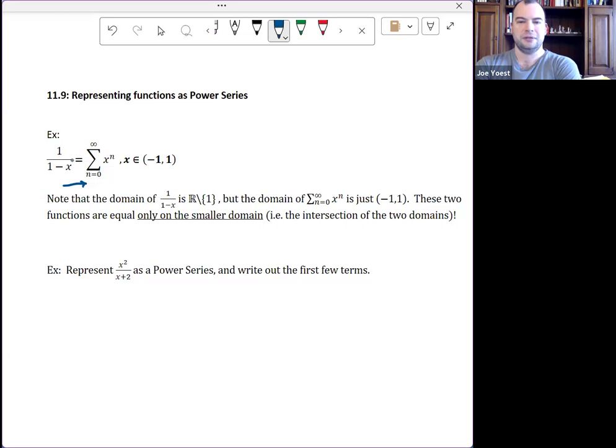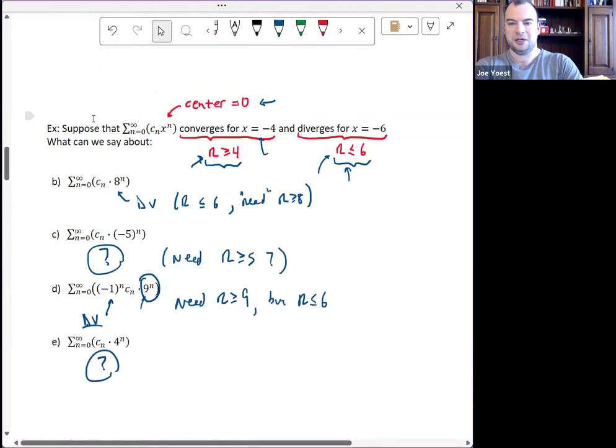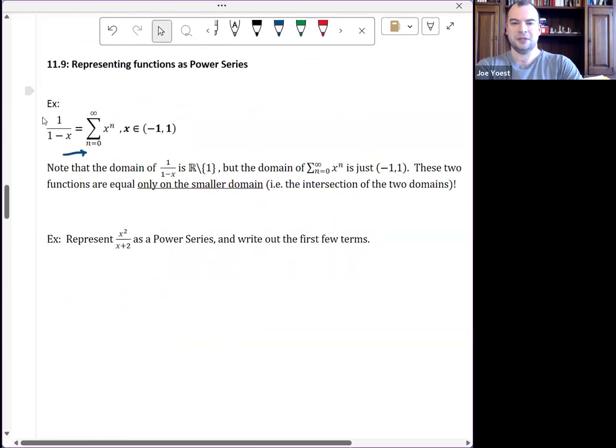What if I was looking at the function 1 over 1 minus x, and I, for whatever reason, would like a power series representation for it? I would like to know, roughly speaking, what Cn's should I choose to make my power series match this function.